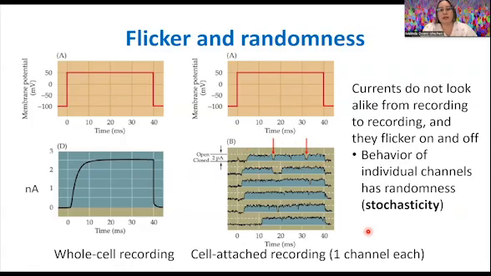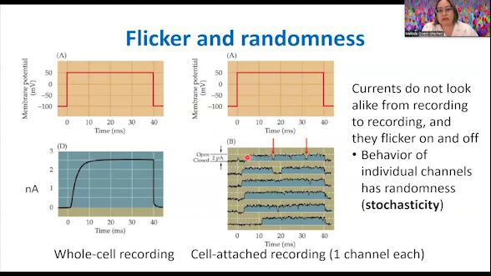Okay. Another difference here is that this is very smooth and predictable. These are kind of random. If we look at this second trace, it's open, open, open, closed, open, open, open, open. And this one is slow to open and then it opens and it stays open.